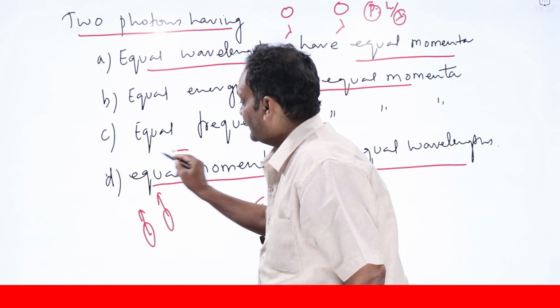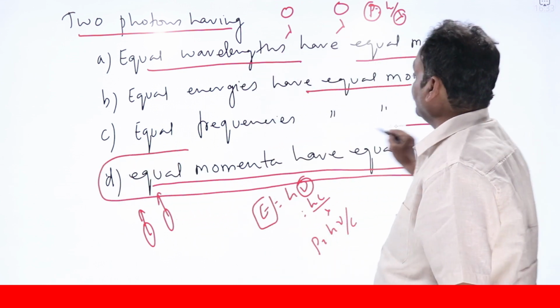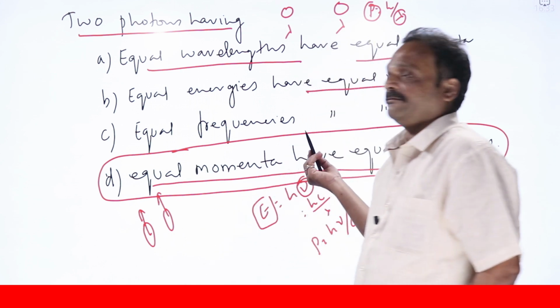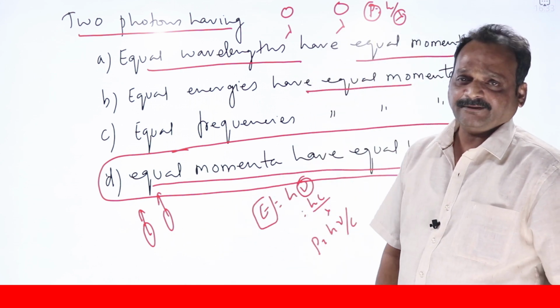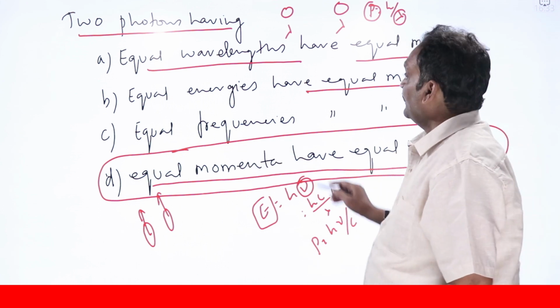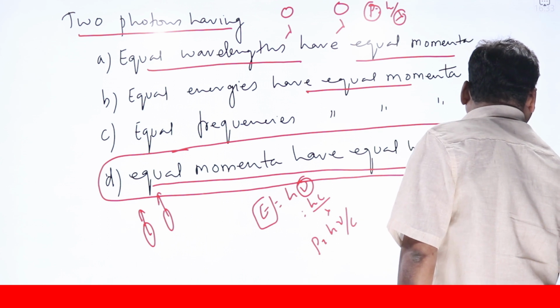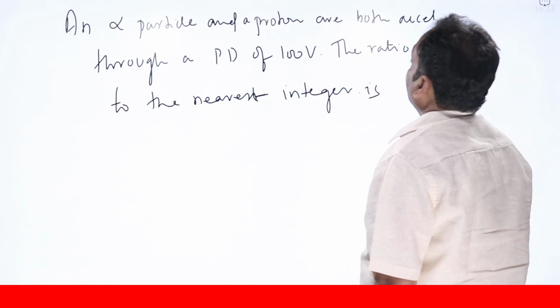So we can say that for two photons with equal momenta, the wavelengths will be equal. Wavelengths are scalar quantities. Equal momentum means the direction is also the same. So this is another question. Next, let us go to a question.